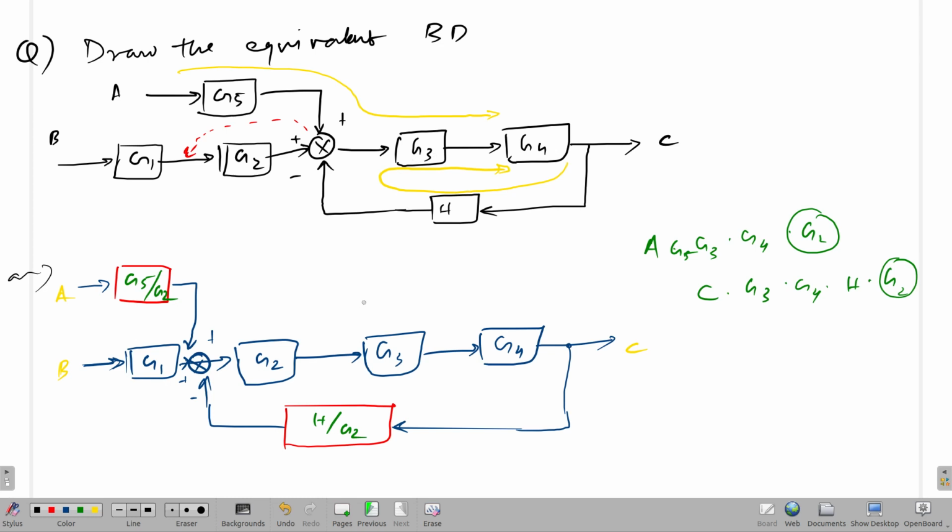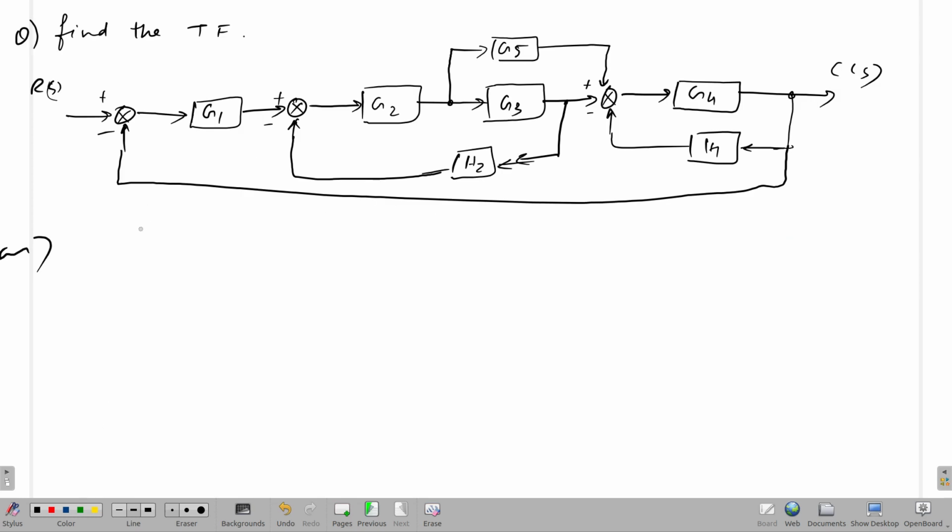Okay, now let's see a problem on how to calculate the complete transfer function. Okay, so this is the next question. The question is find the transfer function C(s) by R(s). So in this one they have not told you which block to change or which point to change. Usually they won't. So they'll just give you the block diagram and ask you to reduce it.